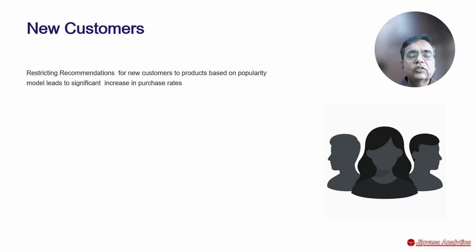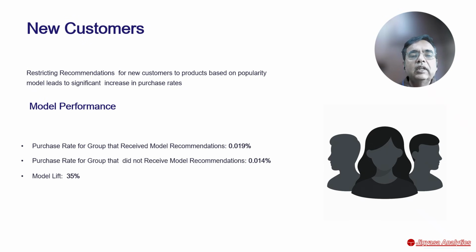For new customers too, the recommendation system, which used the popularity based model to make the recommendations, led to a good improvement in their purchase rate. The group which was not part of the model list had a purchase rate of 0.14%, whereas the group which received model recommendations had a purchase rate of 0.19%, a 35% improvement in model lift.